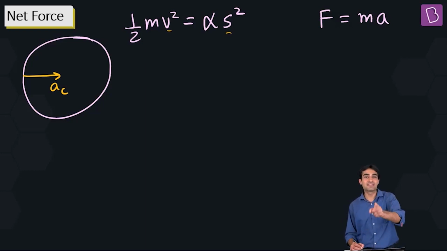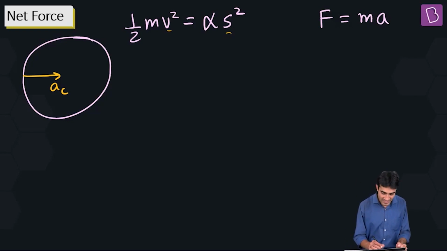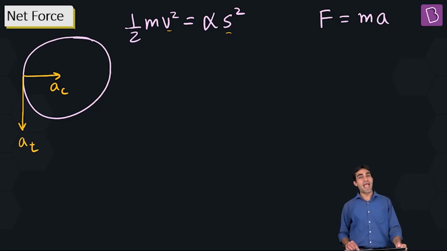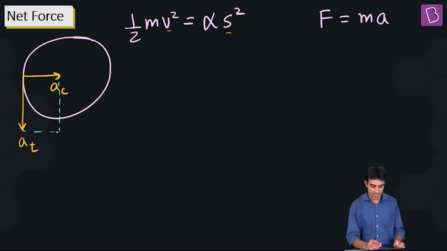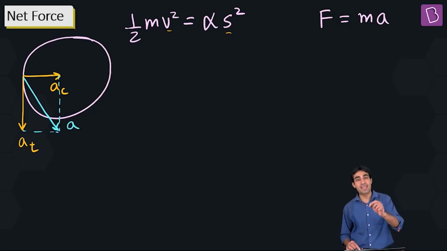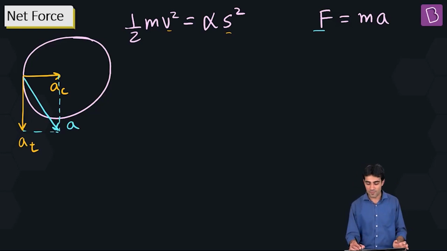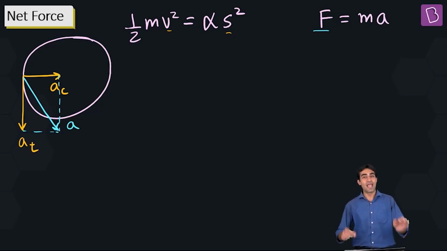So as the speed is changing, there is some tangential acceleration, right? We will call it AT. And you know what? The resultant of AC and AT will give us the total acceleration of the particle. This is acceleration A. And from this acceleration, we will calculate the required force on the particle. That's how we solve this problem.